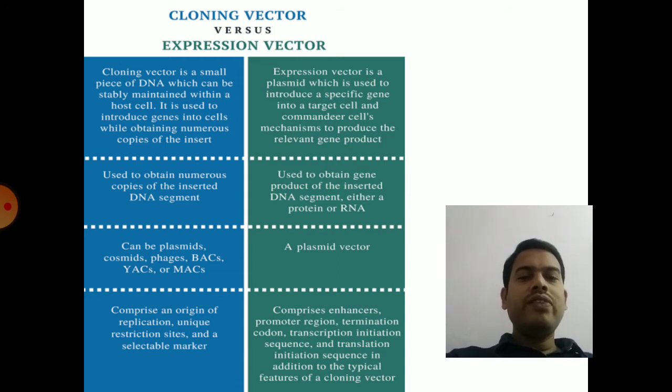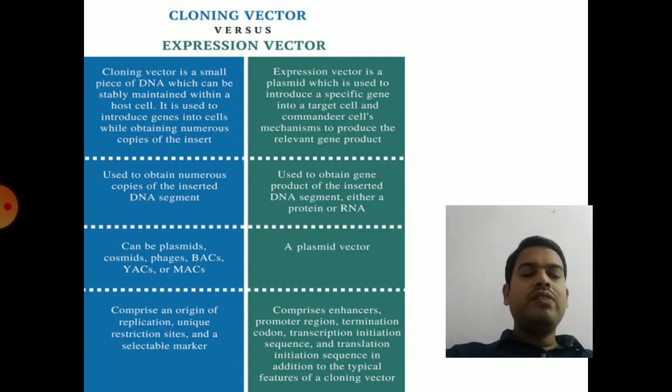The cloning vector has to have some important genes in it for the process of obtaining multiple copies of your foreign DNA. So it comprises an origin of replication, unique restriction sites, and a selectable marker.